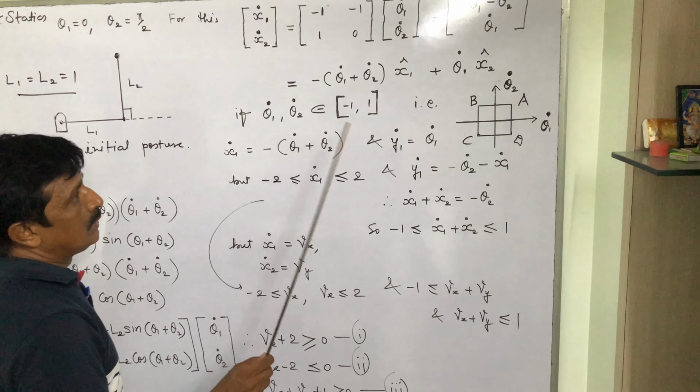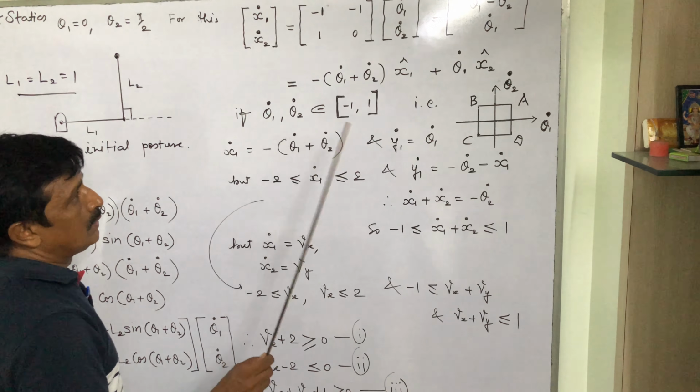See here, x1 dot is minus theta 1 dot plus theta 2 dot, and x2 dot is theta 1 dot. So if we take theta 1 dot as 1 and theta 2 dot as 1, then x1 dot, x2 dot is minus 2, 1. Similarly, theta 1 dot is minus 1 and theta 2 dot is 1, so x1 dot, x2 dot is 0, minus 1.